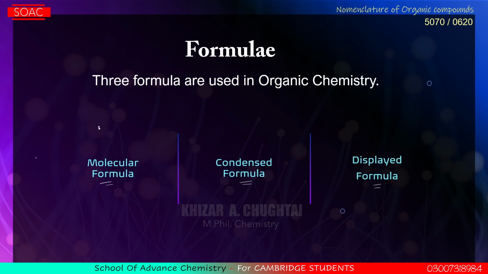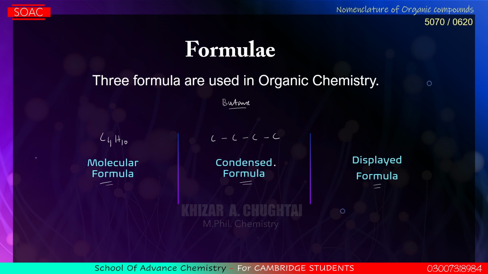The molecular formula, for example in the case of butane, is C4H10. In the case of butane, its condensed formula is carbon, bond, carbon, bond, carbon, bond, carbon.